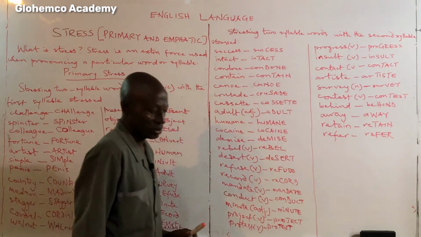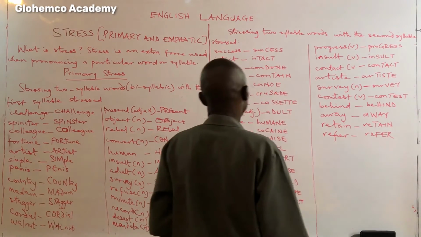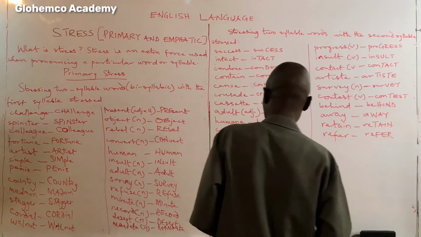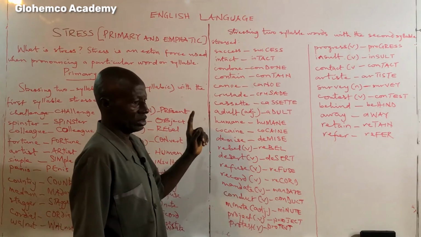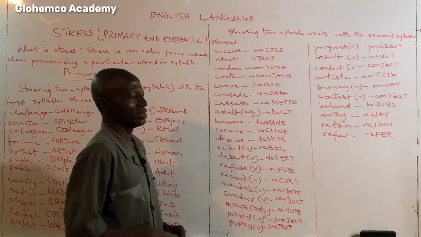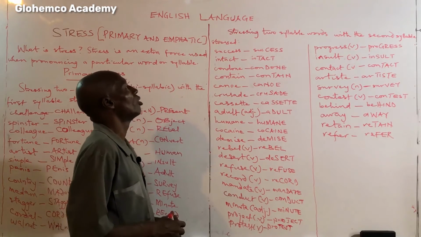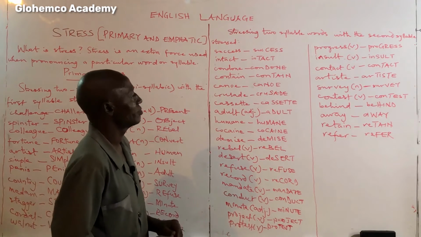I'm starting with the first one because of its being wrongly pronounced. We have success, then we have intact.